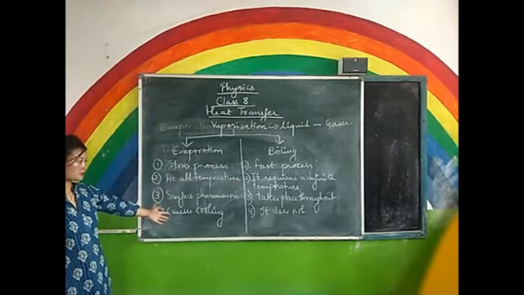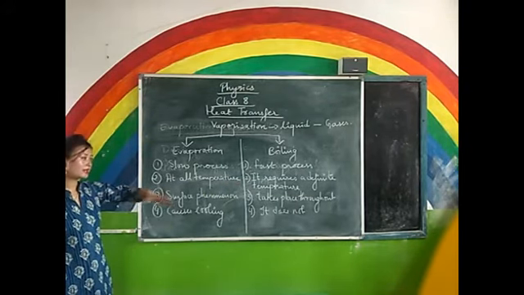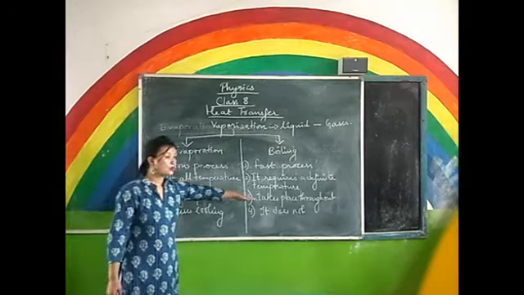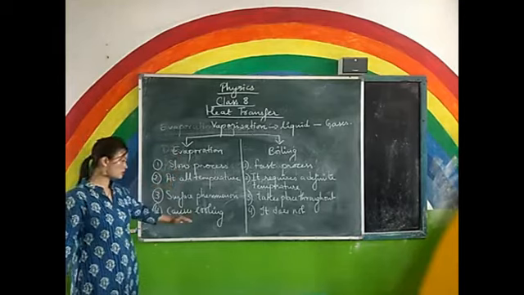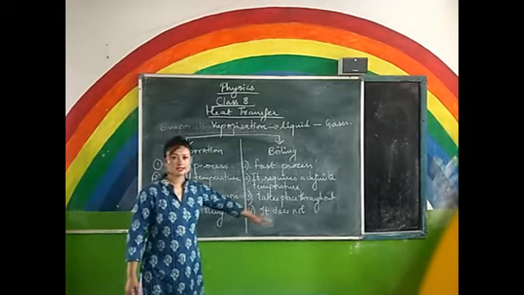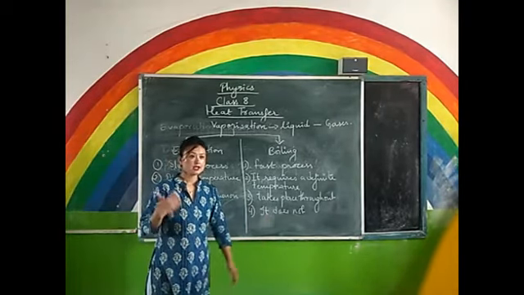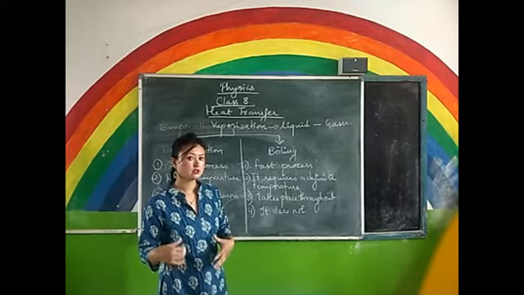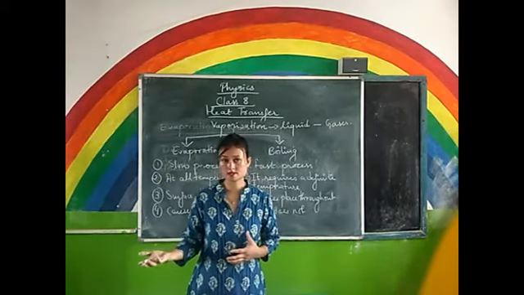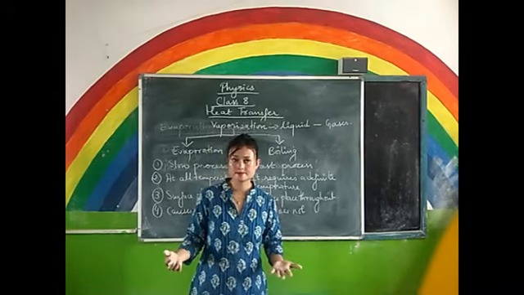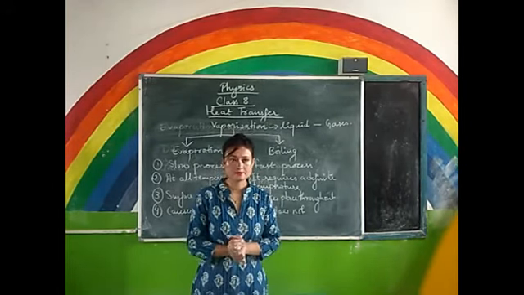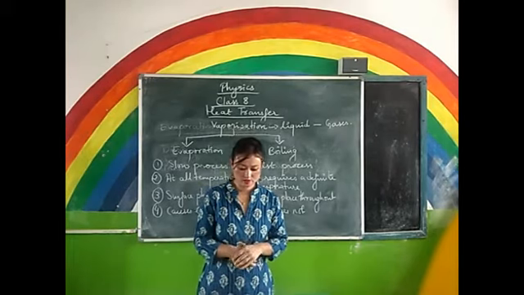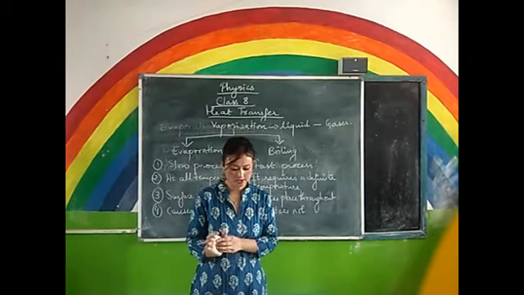Evaporation is a surface phenomenon, which means it takes place only at the surface. Boiling takes place throughout the liquid. Evaporation causes cooling and boiling does not. And evaporation depends upon the five factors that we discussed last time, and boiling depends upon pressure, the atmospheric pressure. So these are the differences between evaporation and boiling.